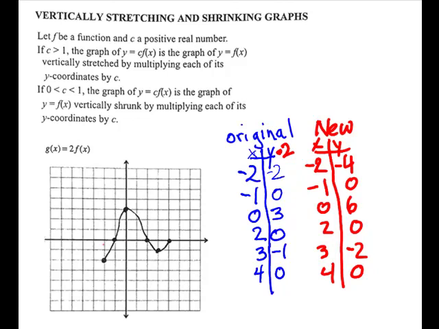So -2, -4, -1, 0, 0, 6, 2, 0, 3, -2, 4, 0.